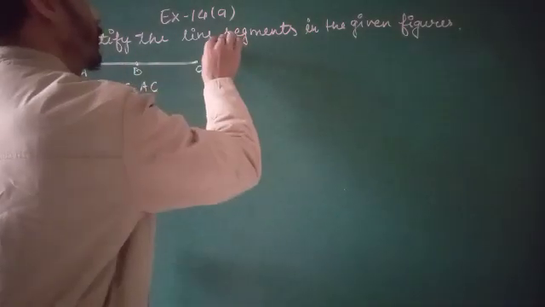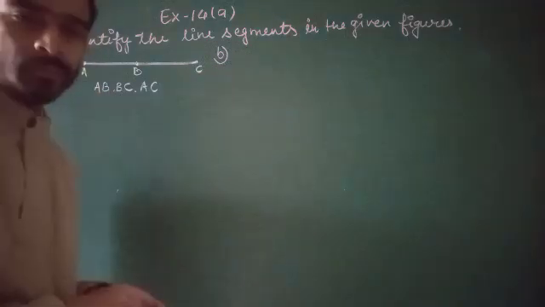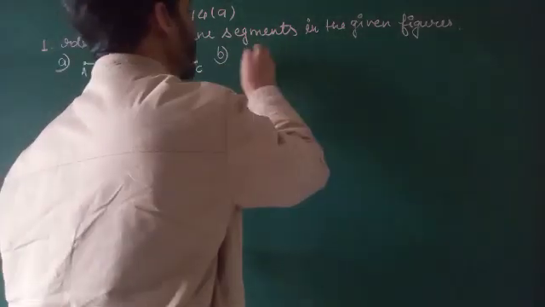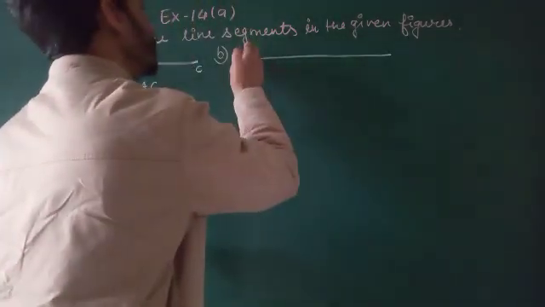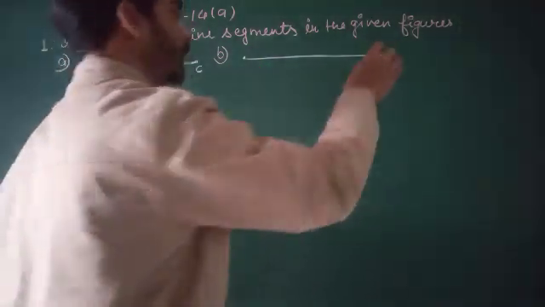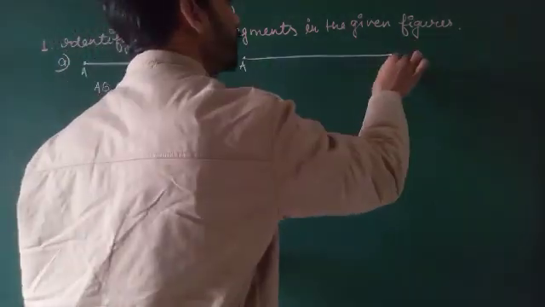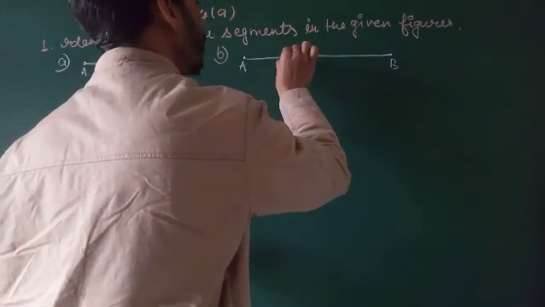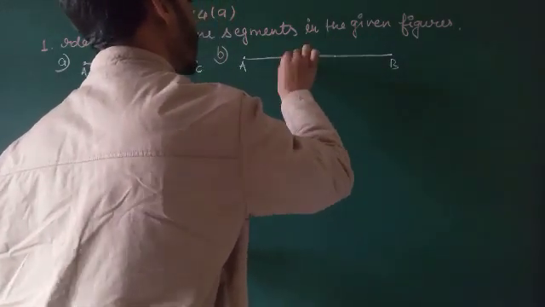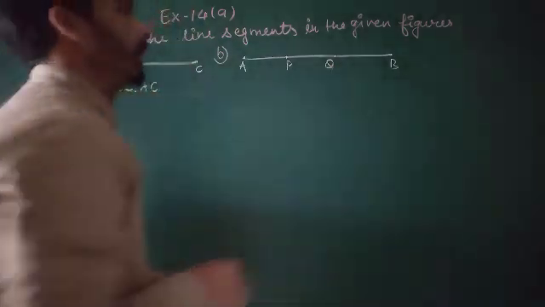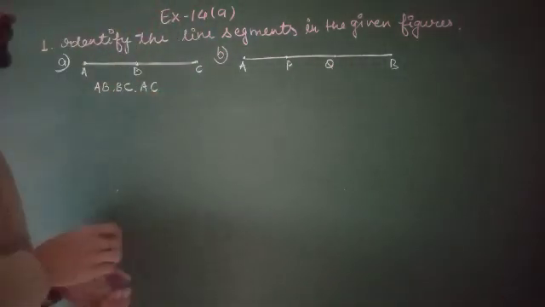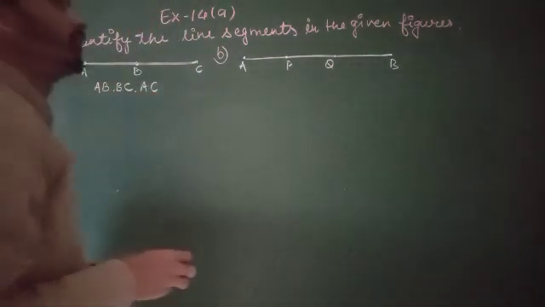Question number B. In question number B, there is a line segment AB and the midpoints are P and Q respectively. We have to identify the line segments in the given figure.